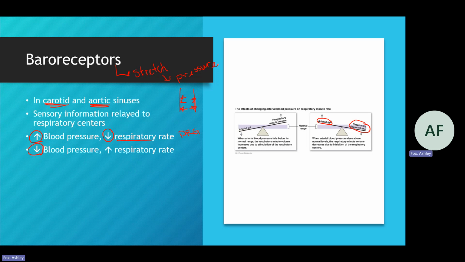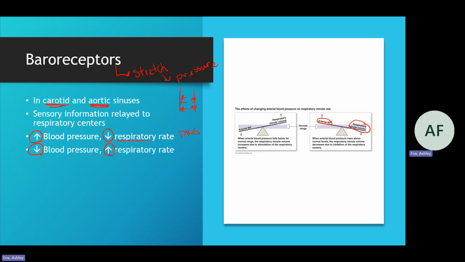If you decrease your blood pressure, you're going to vasoconstrict, but you're also going to increase your respiratory rate, because this is delivery of oxygen. If you have higher blood pressure, your delivery of oxygen is pretty good, and you don't need as much respiration.